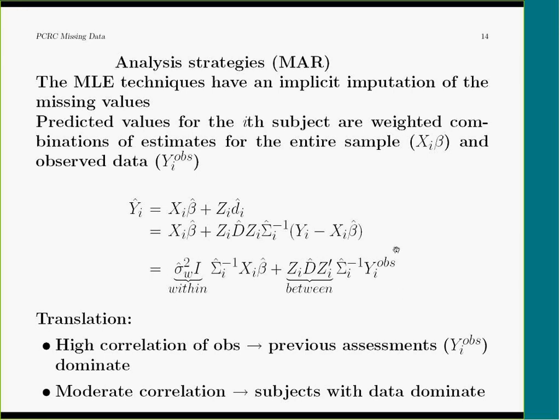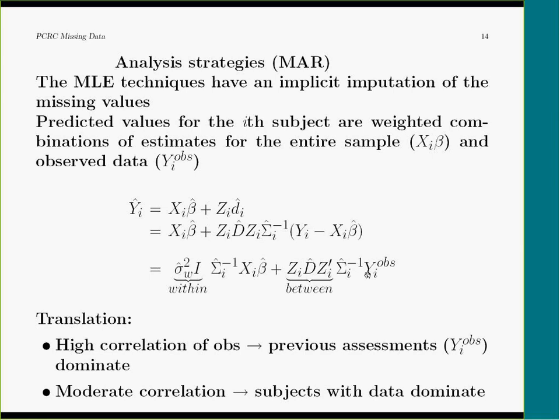But if you rearrange all of this, it turns out that it is a weighted average of the predicted values from all the other subjects that have observed data in the analysis, that's the X_i data, and previously observed data on a particular subject.